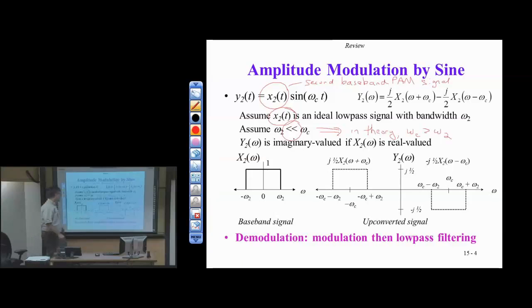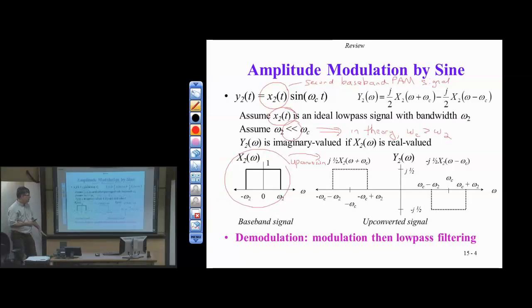Now, if our spectrum here, our Fourier transform of the baseband PAM signal, were real valued, then the Fourier transform after upconversion is imaginary valued. I draw the imaginary amplitudes here as a dotted line. But separate from that, the content in the frequency domain shifts to the right by the carrier and shifts to the left by the carrier.